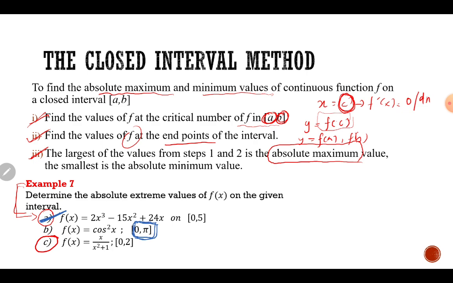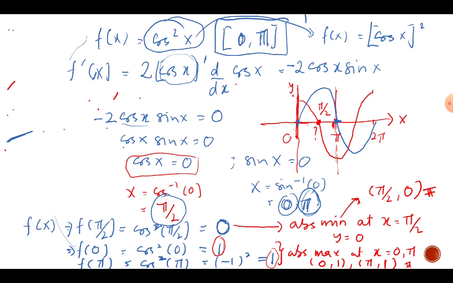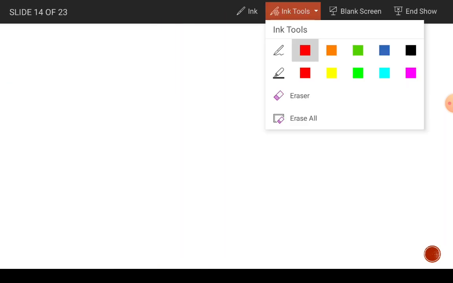Okay. Alright, next we have C. We have C, the value is f(x) equals to x over x squared plus 1, where the interval is at [0, 2].